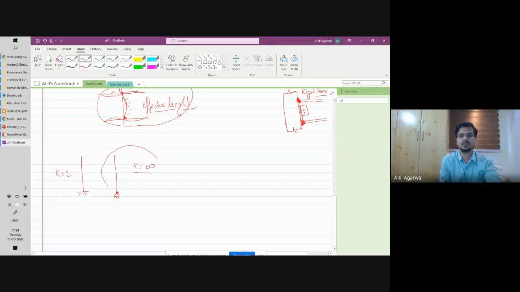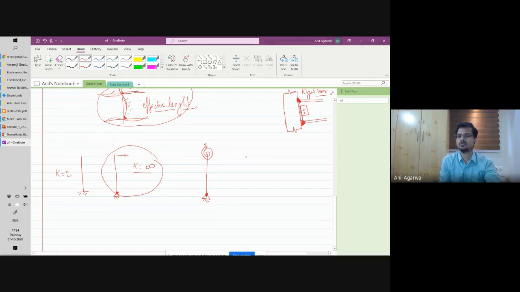This one has K equal to infinity. This is a column which is a part of a sway frame, and if it is allowed to move laterally until you provide some rotational stiffness here, you can have this kind of system. And then on top of that, you can provide some kind of rotational restraint. So it is not a horizontal movement restraint because it's a sway frame. Horizontally it is free to move, but it cannot rotate.